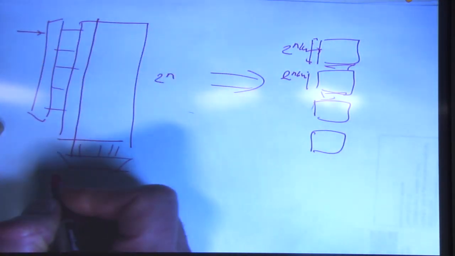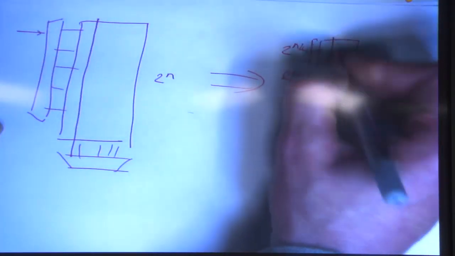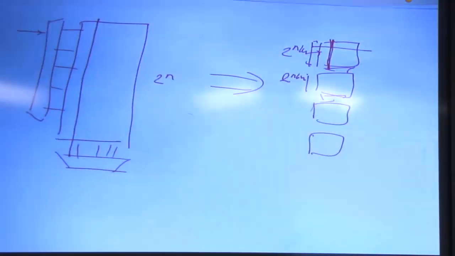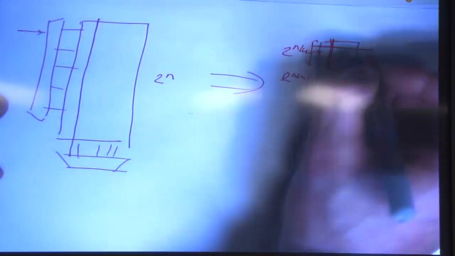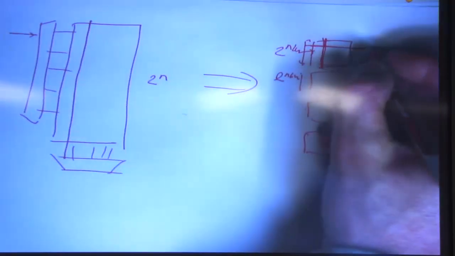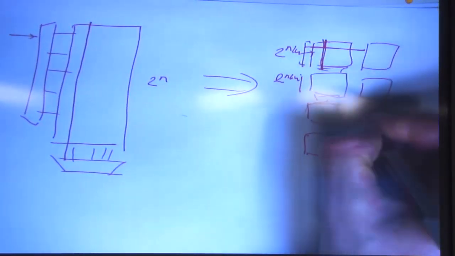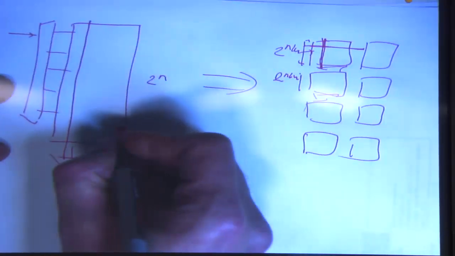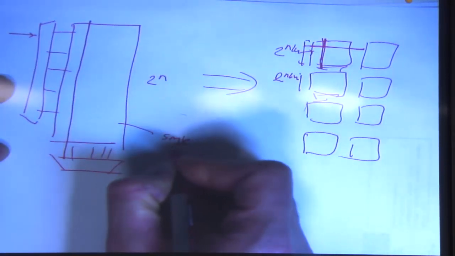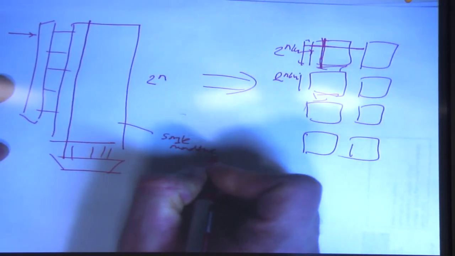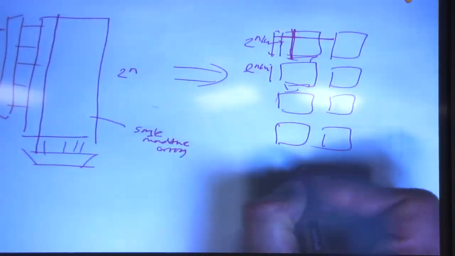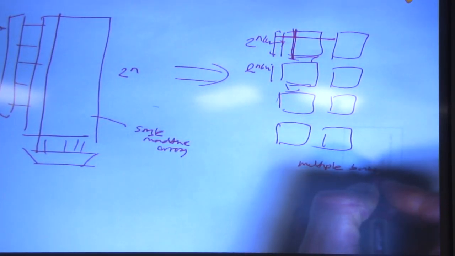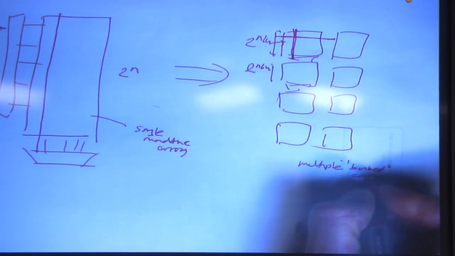This is slower to access. This is much faster to access because you're driving much shorter wires. And you can think of this in the x dimension as well. You can chop it up in the x dimension too, and then what you will get is something like this. Does that make sense? So instead of having a single monolithic array, we have multiple banked arrays.